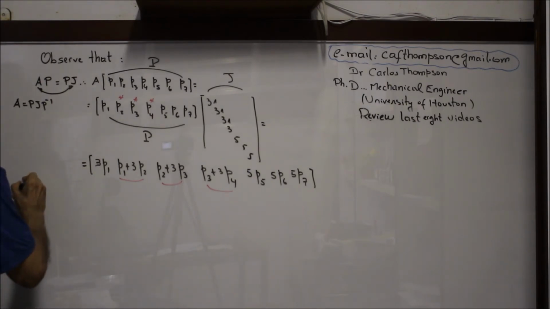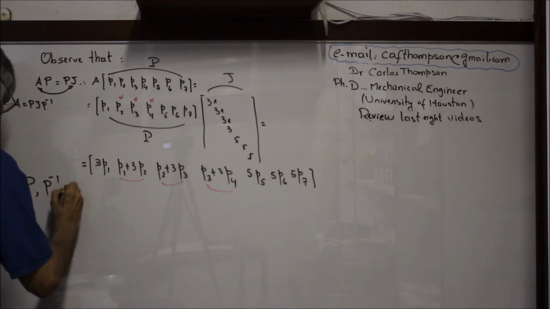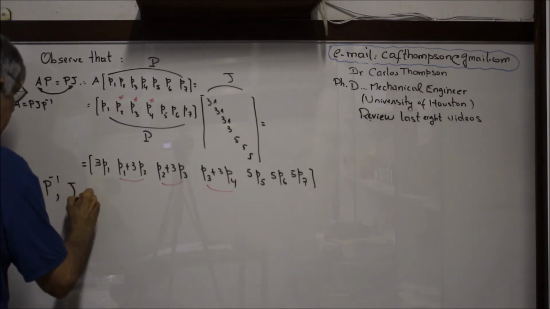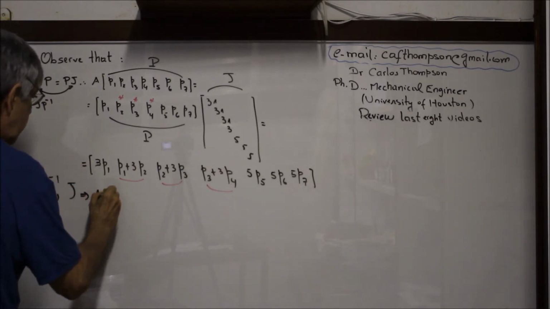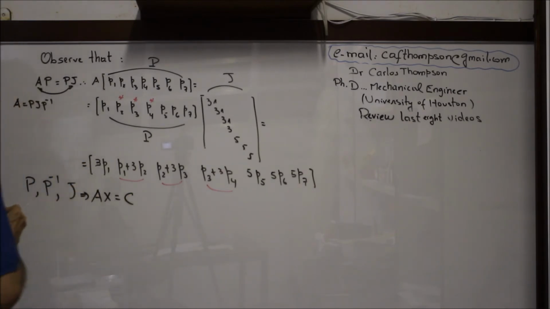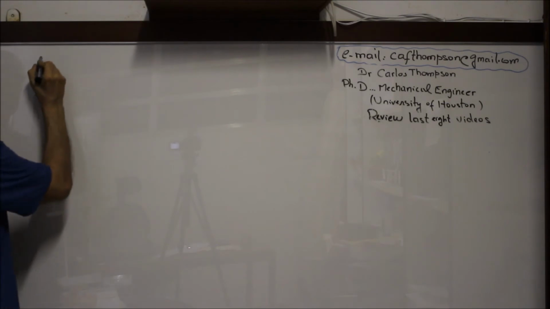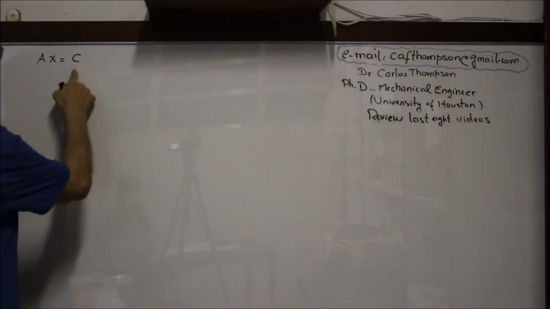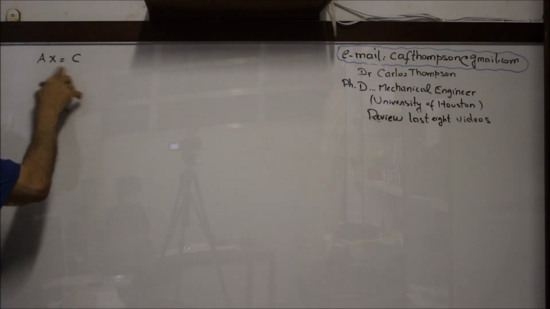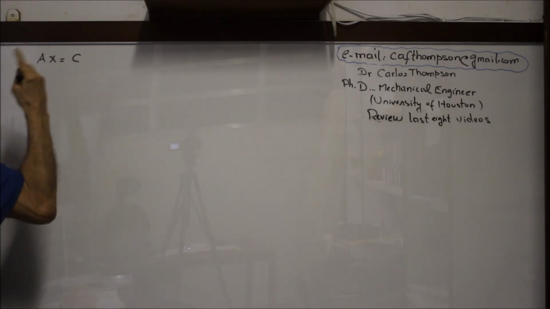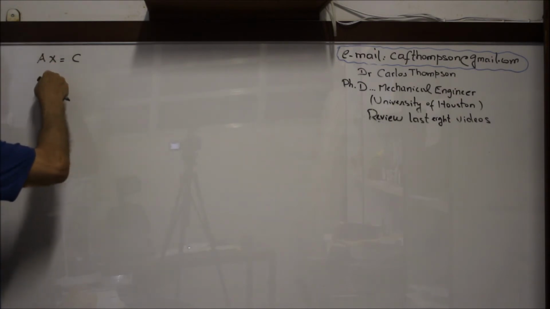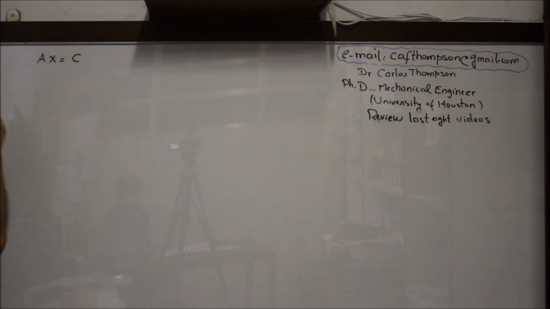If you have P minus 1 and J, then it is implied we can solve AX equals C. Suppose I have a system of linear equations, AX equals C, which I want to solve. See, that's our goal.